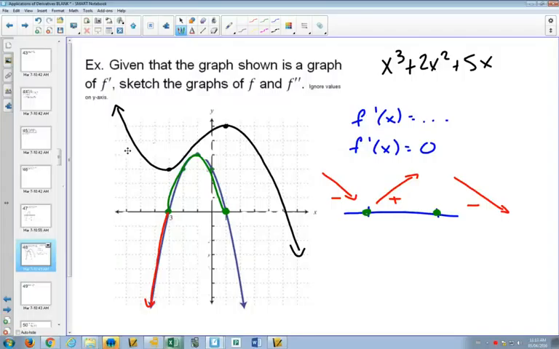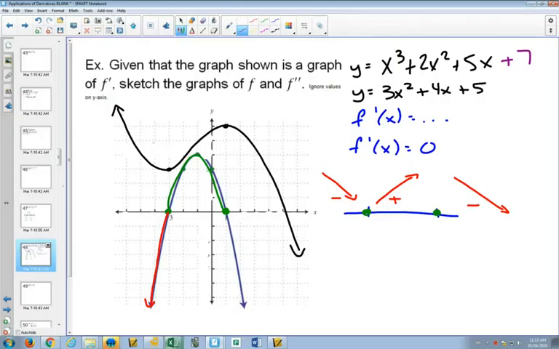Okay? Now, we could take the derivative of that. The derivative, if this was y, the derivative would be 3x squared plus 4x plus 5. What would happen if I added a plus 7 to that? Okay? Nothing would happen to the derivative, but what would happen to the original function? Can you see that would be a vertical shift 7 up?